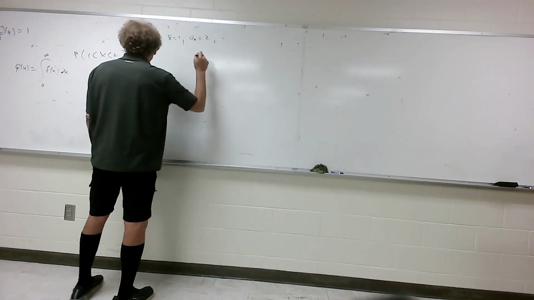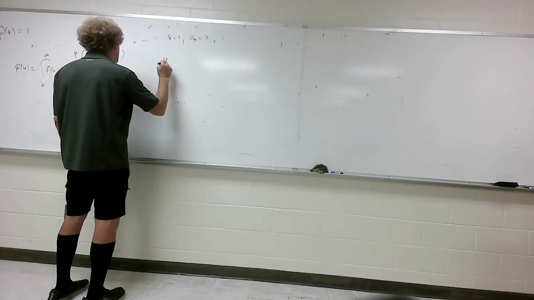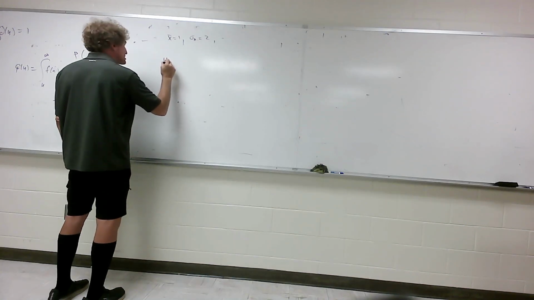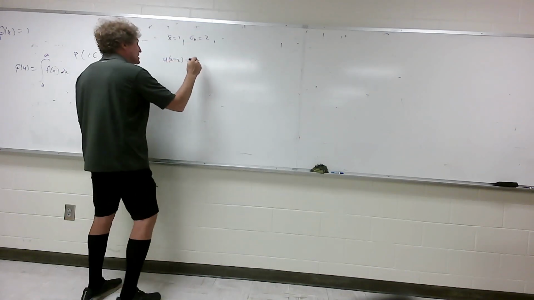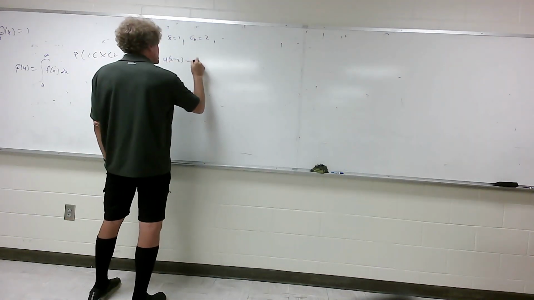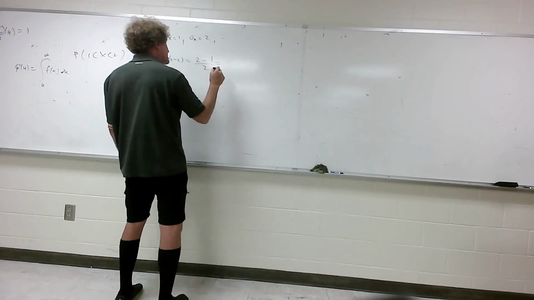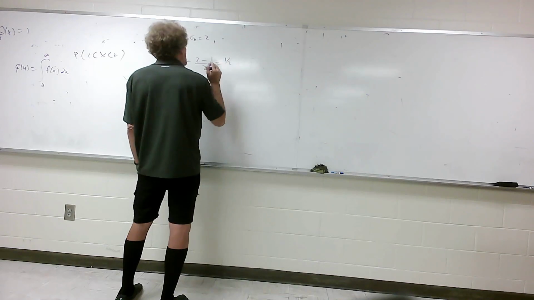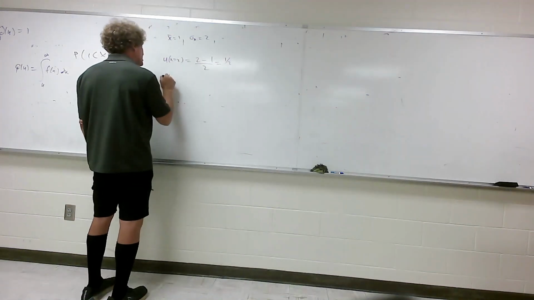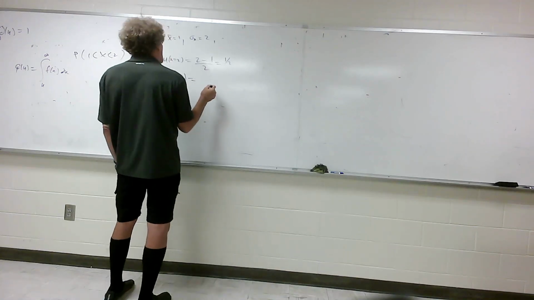For x equals 2, u is 2 minus 1 over 2, which is 1/2. And then I need u for x equals 1, and that's 1 minus 1, which is 0.